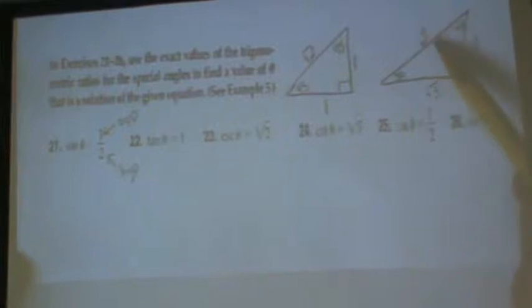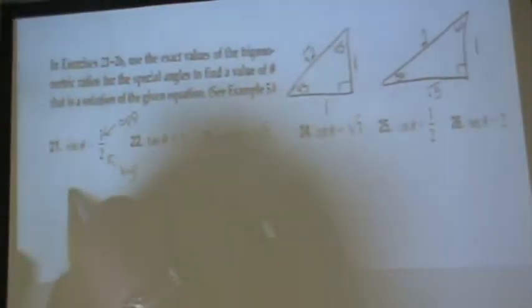When is opposite over hypotenuse 1/2? So you know if your hypotenuse is 2, you're automatically in the 30-60-90 triangle, because your hypotenuse is 2. So when is your opposite side 1? When you have a 30 degree. So that means that theta equals 30.